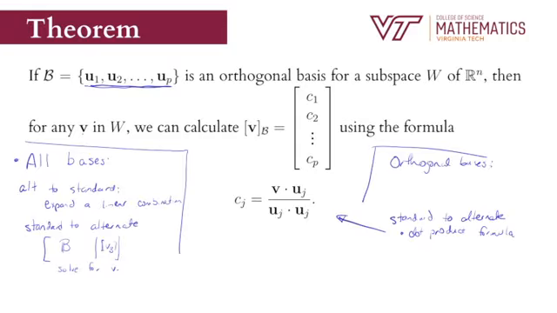This is an advantage of orthogonal bases over other types of bases. So the dot product is where we will take the dot product of the standard vector coordinates with the alternate basis vectors over the dot product of the alternate basis vectors with themselves. So v dot u over u dot u. All right.